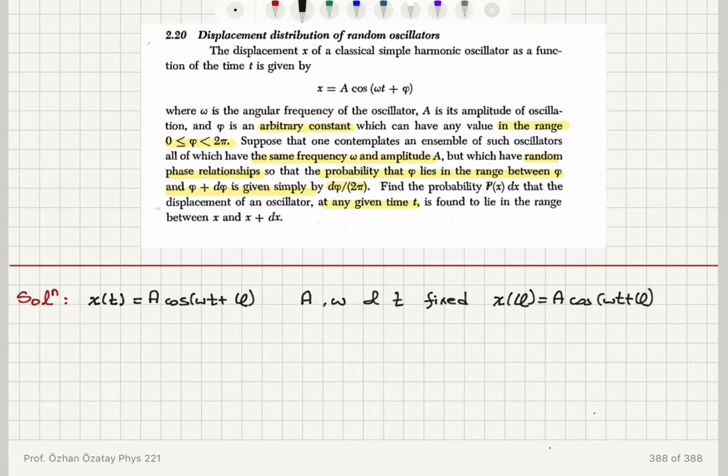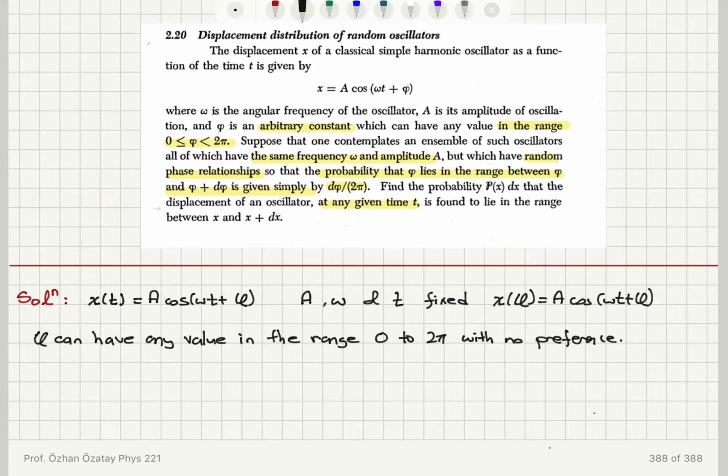So phi can have any value in the range 0 to 2 pi with no preference. That's the meaning of random.